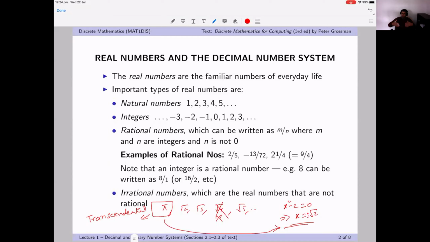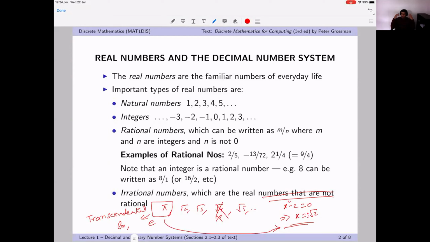It's not a consequence of solving this kind of equations. It just appeared. There are other numbers like e, like log, and many others which are transcendental numbers. These are all irrational numbers.